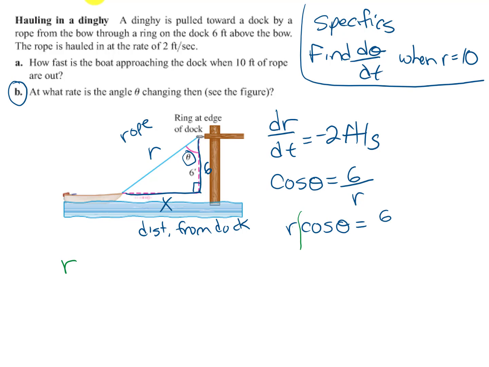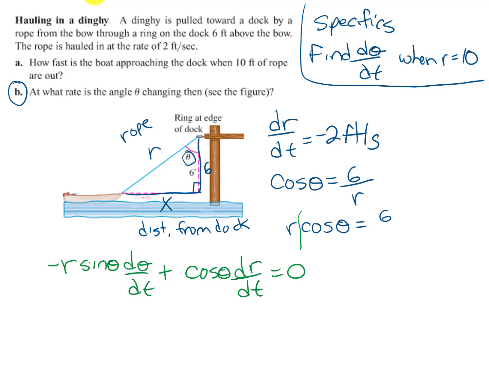The derivative of cosine theta is negative sine theta times the derivative of theta, so dθ/dt, plus the second function, which was cosine theta, times the derivative of the first, which is dr/dt. And that's going to equal the derivative of 6, which is 0. So there's our connection.